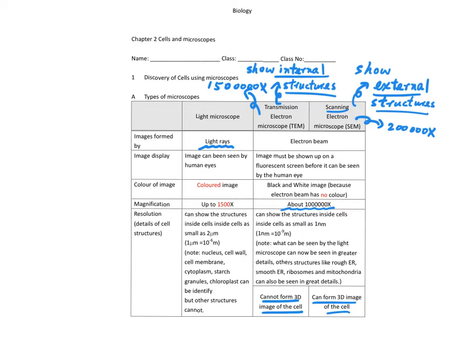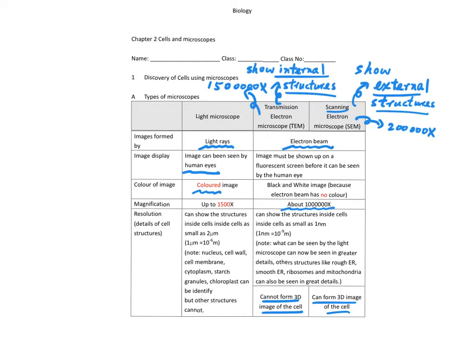In contrast to the light microscope, the electron microscope uses electron beams instead of light rays to form images. The images displayed under the light microscope can be seen directly by the human eye. However, for the electron microscope, the image must be shown on a fluorescent screen before it can be seen by us, the human eye. The image color of the light microscope is colorful.